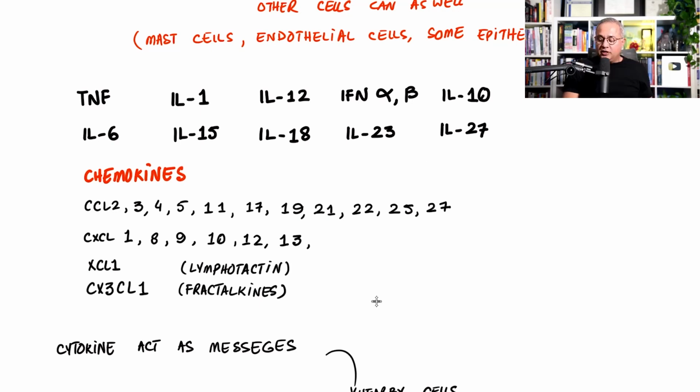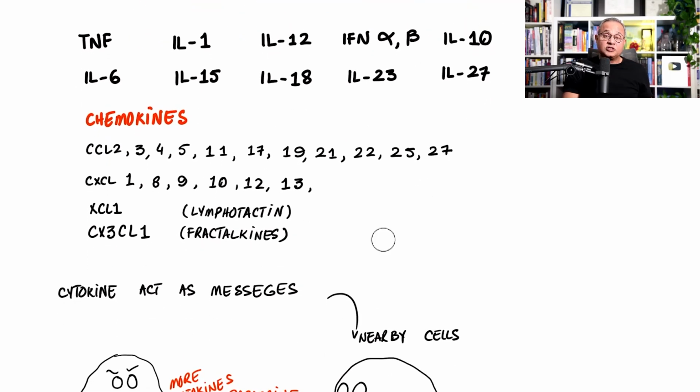I just took some. Similarly, we produce chemokines, and I said chemokines are those molecules that would attract other cells to the area of the inflammation. So, for example, there are multiple categories of chemokines, CCL2, 3, 4, 5, 11, 17, so that is one category. Then CXCLs, 1, 8, 9, 10, 12, 13. Then XCL1, also called the lymphotactins.